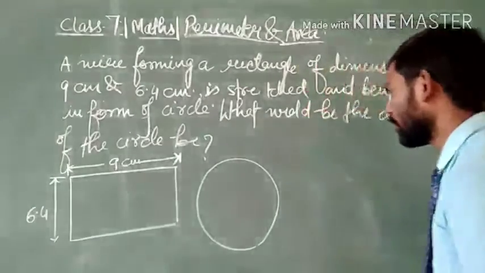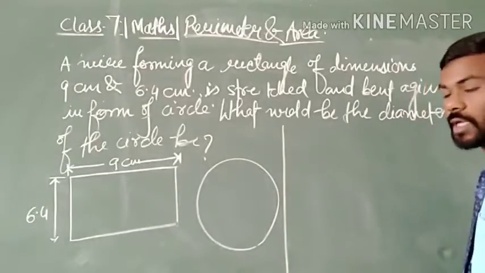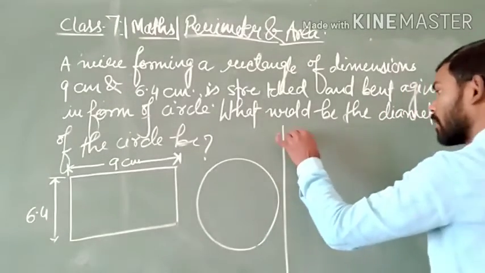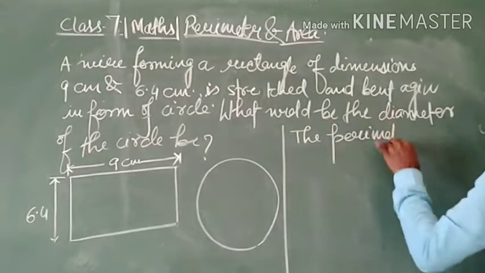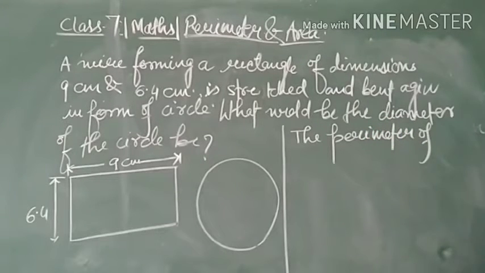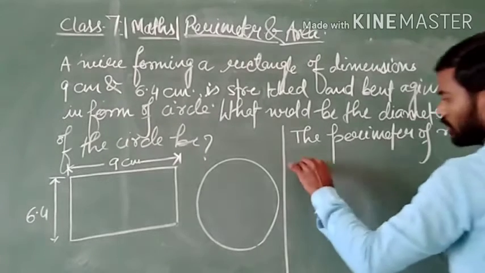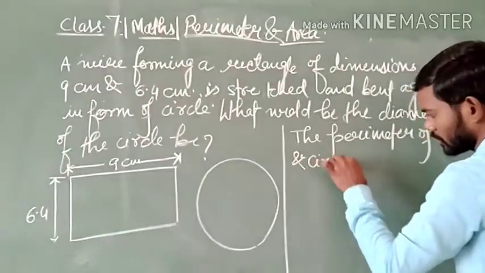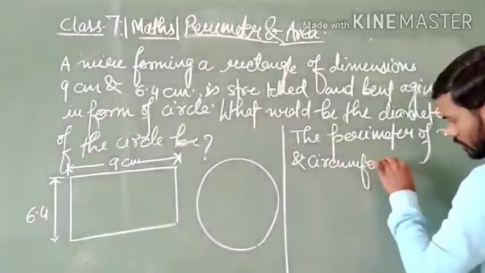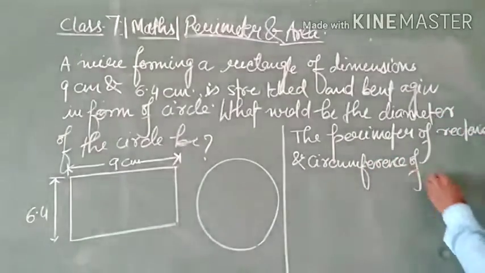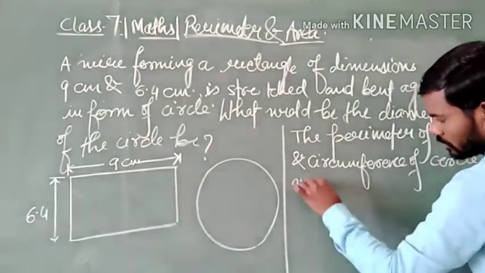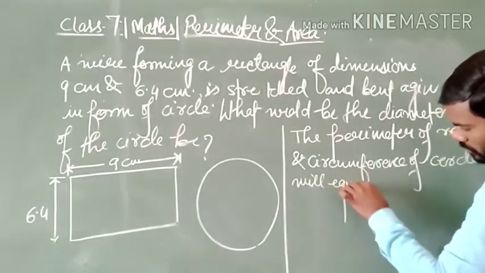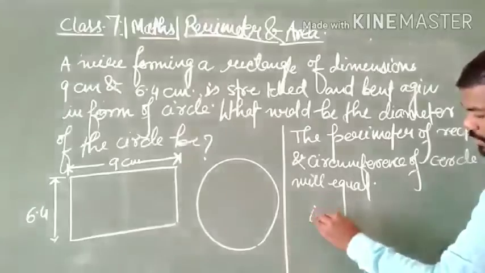Okay, so first of all, here we conclude that the perimeter of rectangle and circumference of circle will be equal.